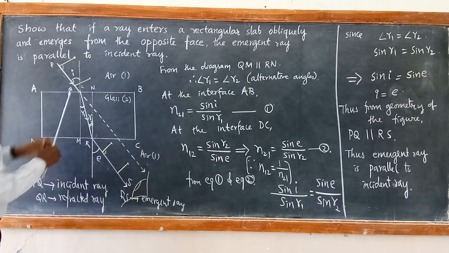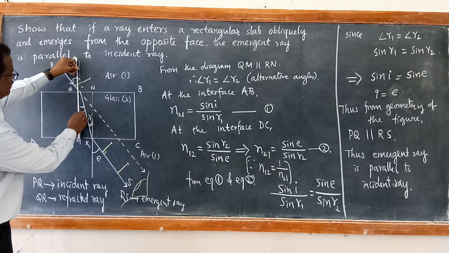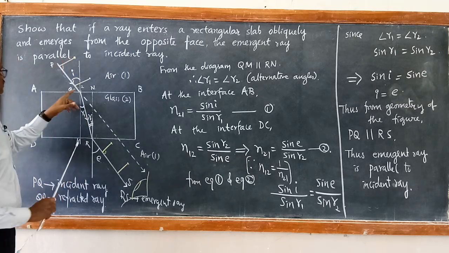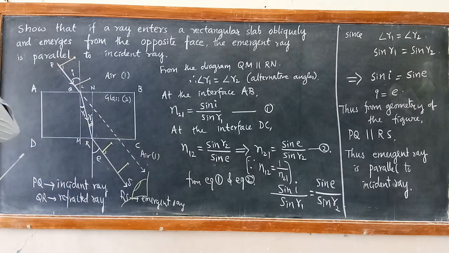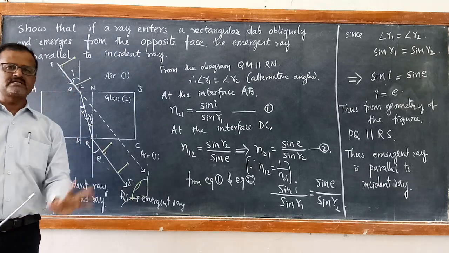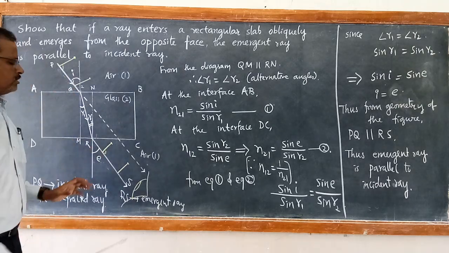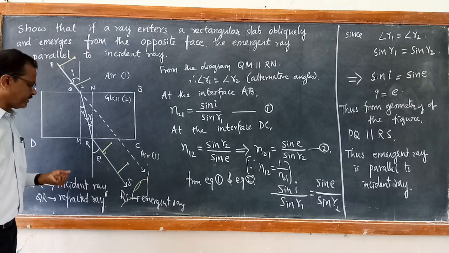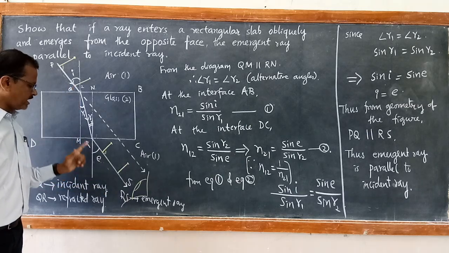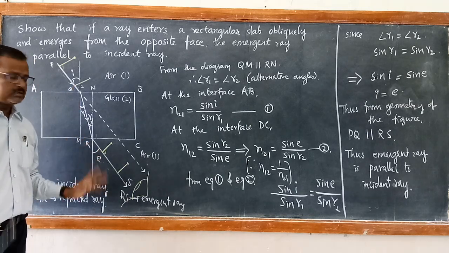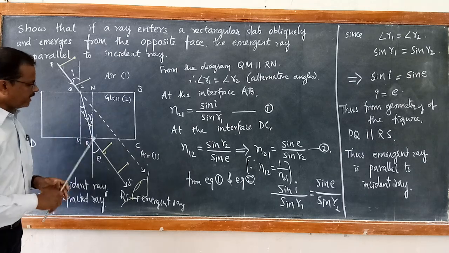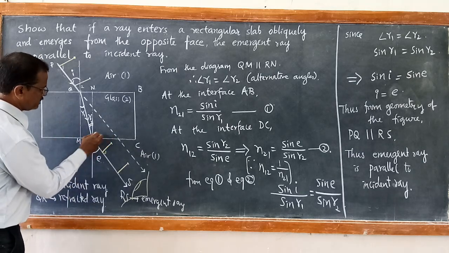Then if you draw the normal here and here and measure the angles, whatever angle of incidence you have taken, suppose 30 degrees, the angle of emergence is also going to be exactly 30 degrees. That's how, by doing an activity, you can verify whether the angle of emergence and angle of incidence are equal or not. Once they are equal, then you can measure this perpendicular distance.